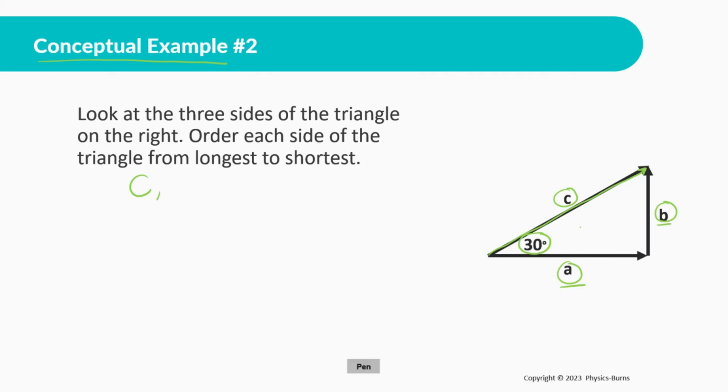It's 30 degrees, which is less than 45, so B is going to be less and A is going to be more. So it's going to be C, A, B.